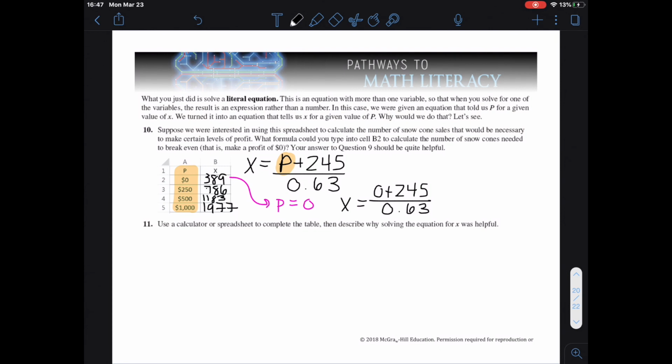So what this does is, instead of starting with that original equation where we had profit on the left-hand side that we had to continuously solve, I can now just plug in p a lot easier.